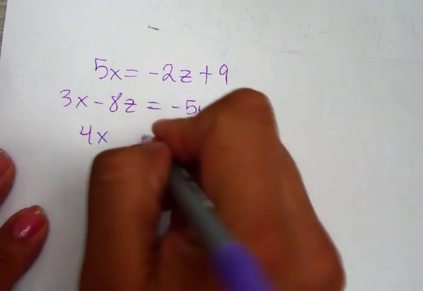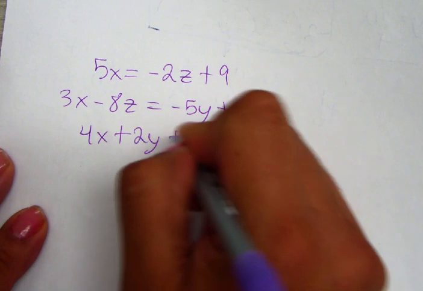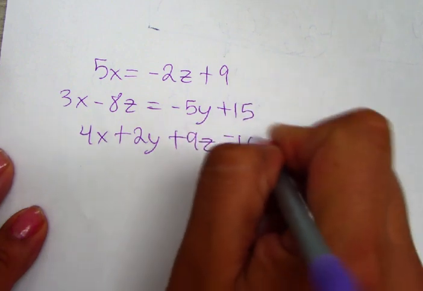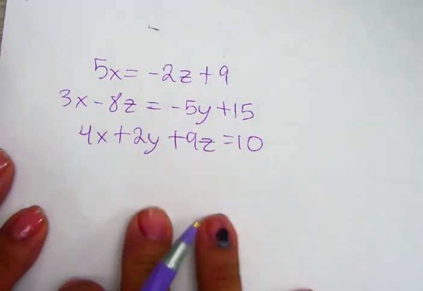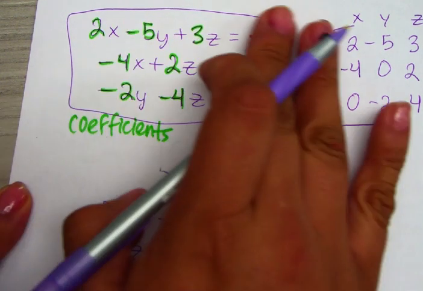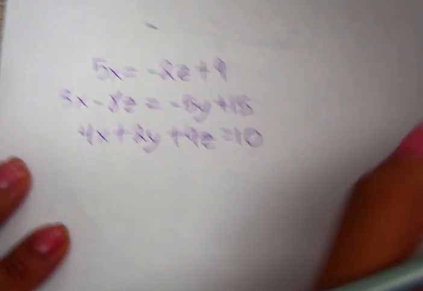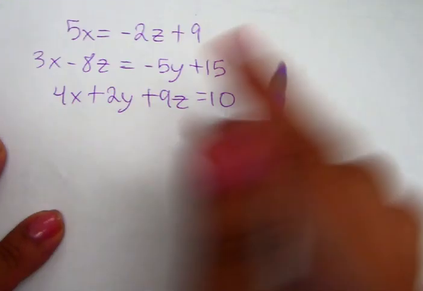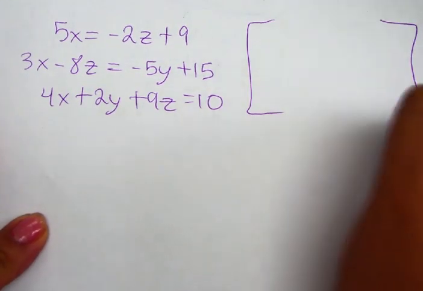And 4x plus 2y plus 9z equals 10. So these are not in the same order you see on the previous example, because all of the variables should be on the left side, and constants on the right. So you can either rewrite this or rewrite it as you write your matrix.